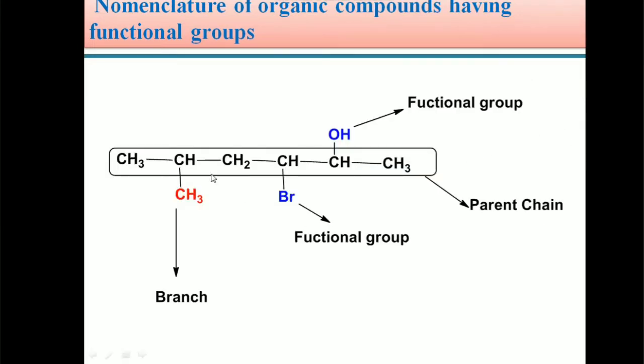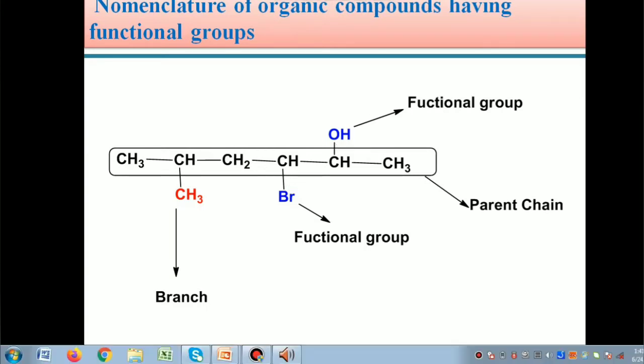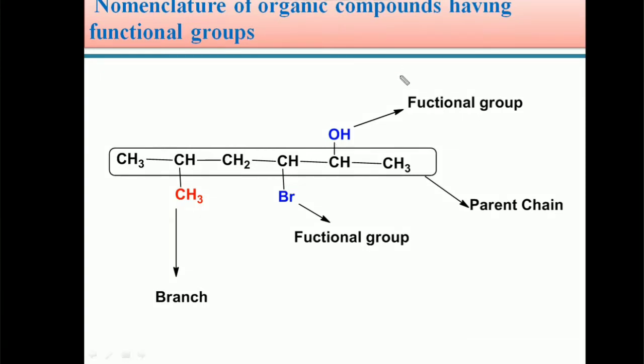See students, this compound has an OH functional group and a bromine functional group. So these two functional groups are present. Based on the priority order, this OH is the principal functional group and bromine is a substituent. So students, this is a polyfunctional compound because it has an OH group and a bromine functional group.